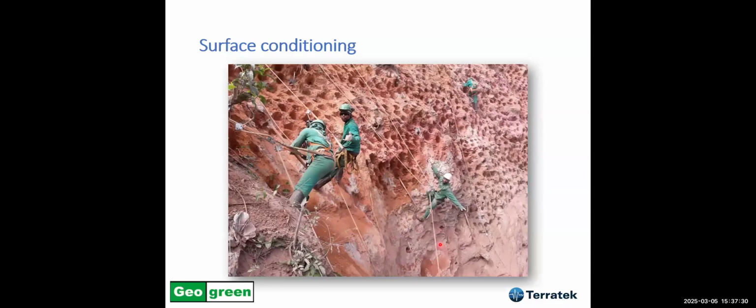Also, this was the most difficult part, in which the nails have been installed, and then they made these small holes, which was recommended by a forestry engineer, in order for the seeds to stay there and be able to grow to have a vegetated facing. Okay, so that's the way they worked.